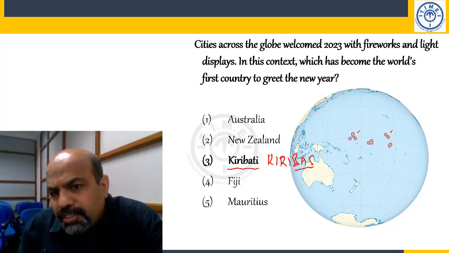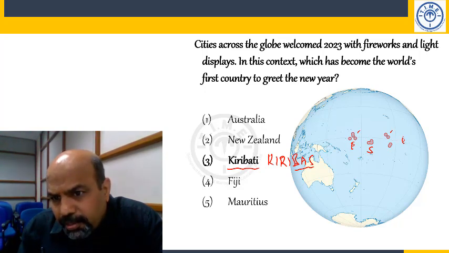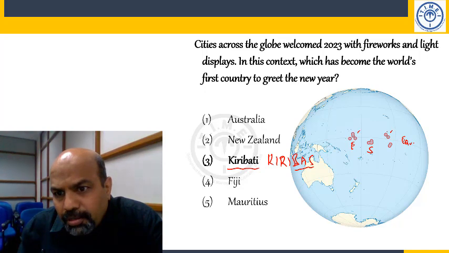Northern. This is also in eastern. This is in western. This is in southern. This is the equator. Northern and eastern hemisphere. This is in northern and western hemisphere.